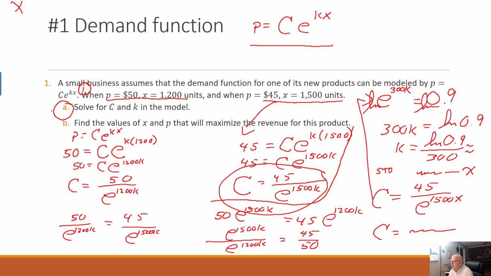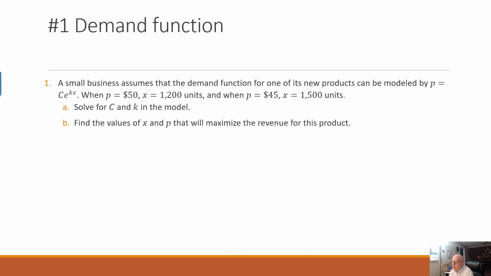Now it says find the values of X and P that will maximize the revenue for this product. So what I would suggest is, I think I'm going to clear this. So let's get some more space here. Erase all the ink. So what I would suggest is take these two values, C and K, and maybe make them something that's easier to handle.